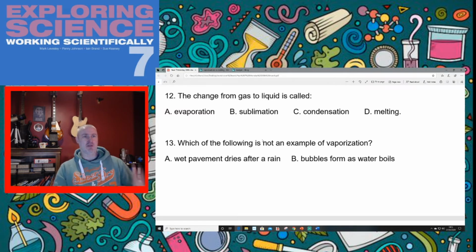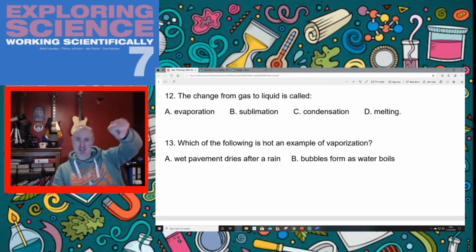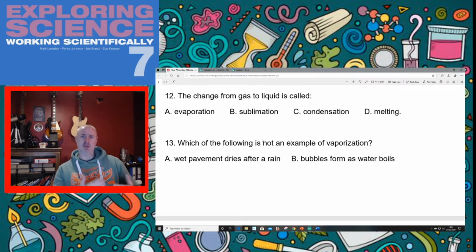We might say I've got condensation on my mirror, and hopefully that leads you to option C. When we go from a gas to a liquid, it's condensing. Think about when you did distillation for separating mixtures. We had a condensing tube that turned the gas back into liquid as it came down so it could be collected. Remember, we talked about separating ink and water.